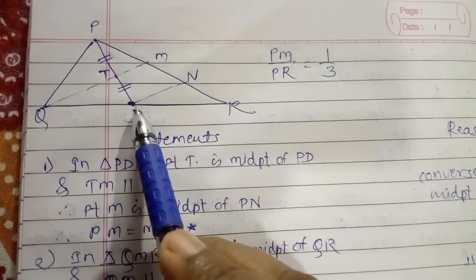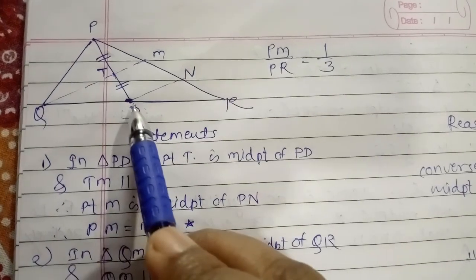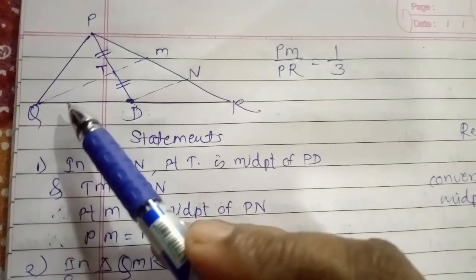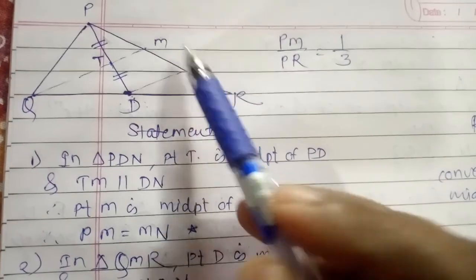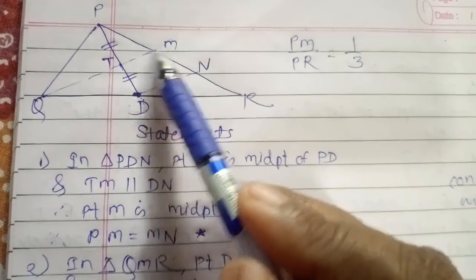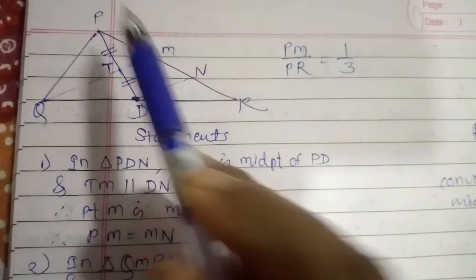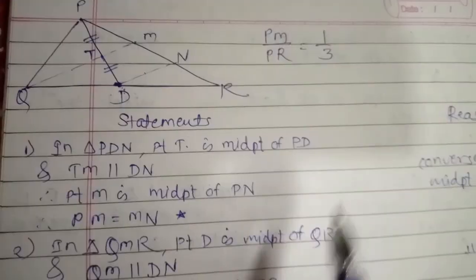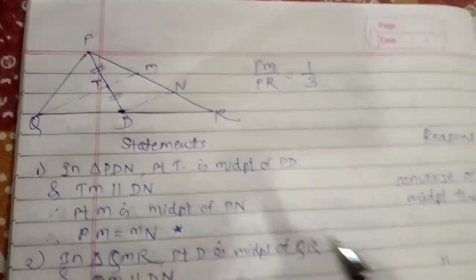In this triangle, you already know that T is the midpoint of PD, and in the hint we already drew that QM is parallel to DN. So from this T we draw the line parallel, that is TM, which is parallel to DN, meaning M is the midpoint of PN, meaning PM is equal to MN according to the converse of the midpoint theorem.